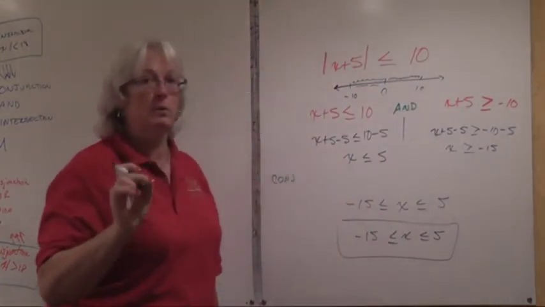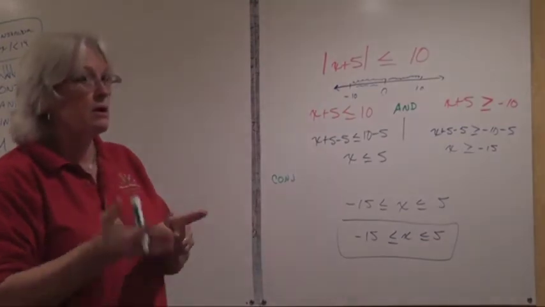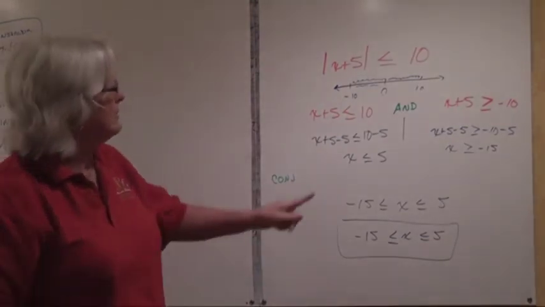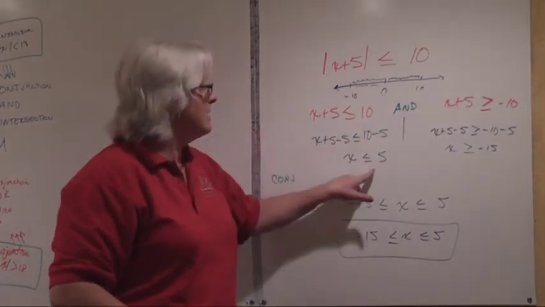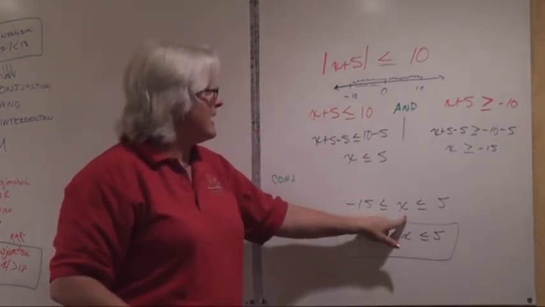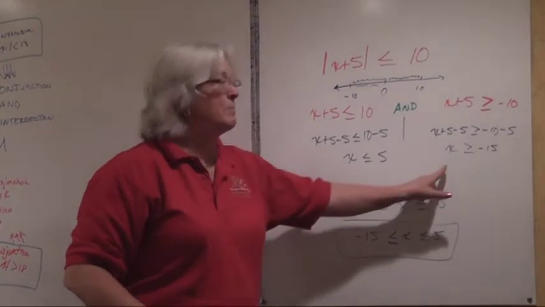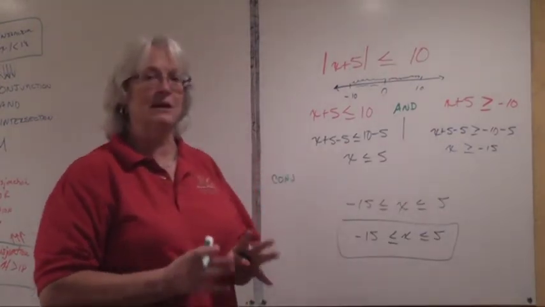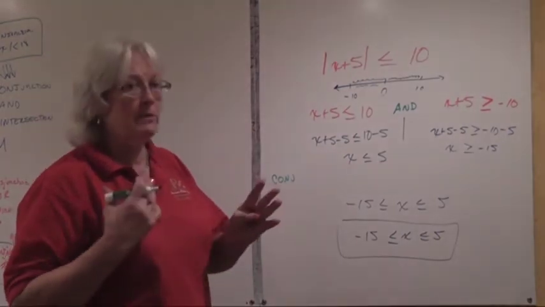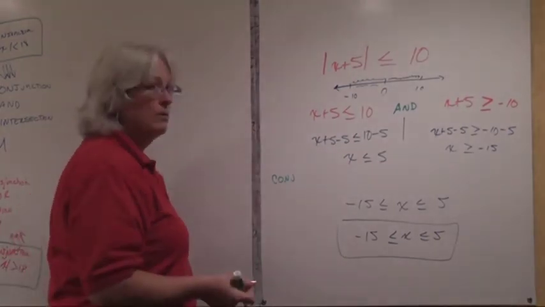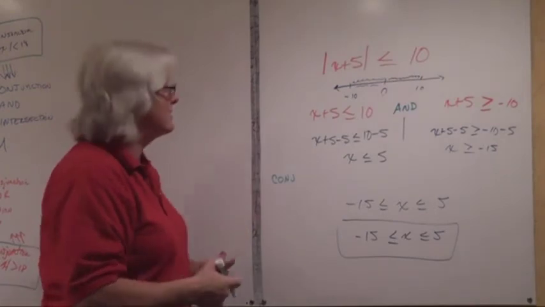I misspoke when I put that or there. Reprogram your mind here. We do have to show two different inequalities that we solve, but x has to meet both of these conditions at the same time. Please text me if I've confused you on that. I'm not going to take the time to redo the video, just like I can't rewind to class.